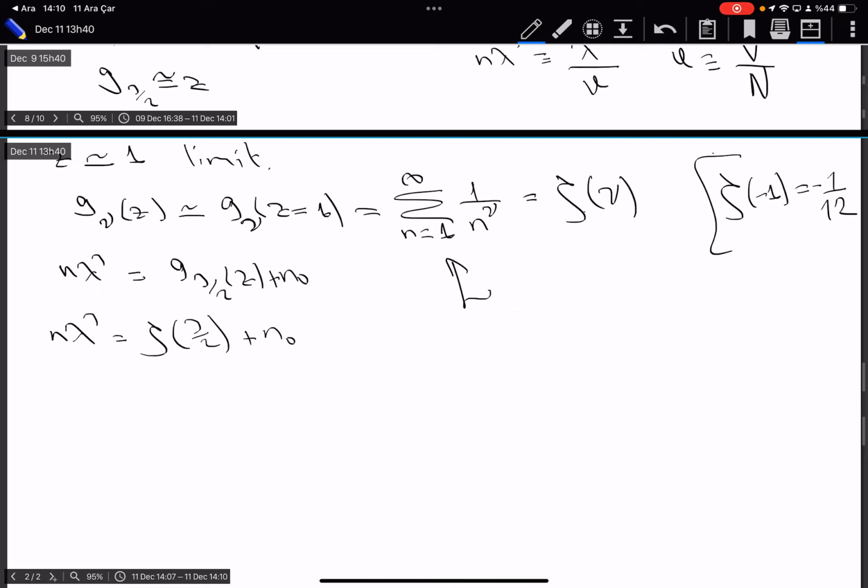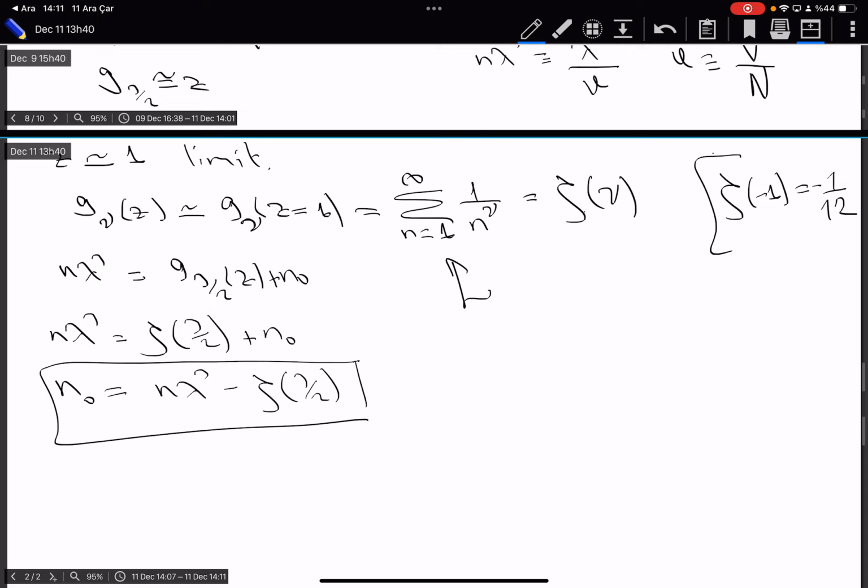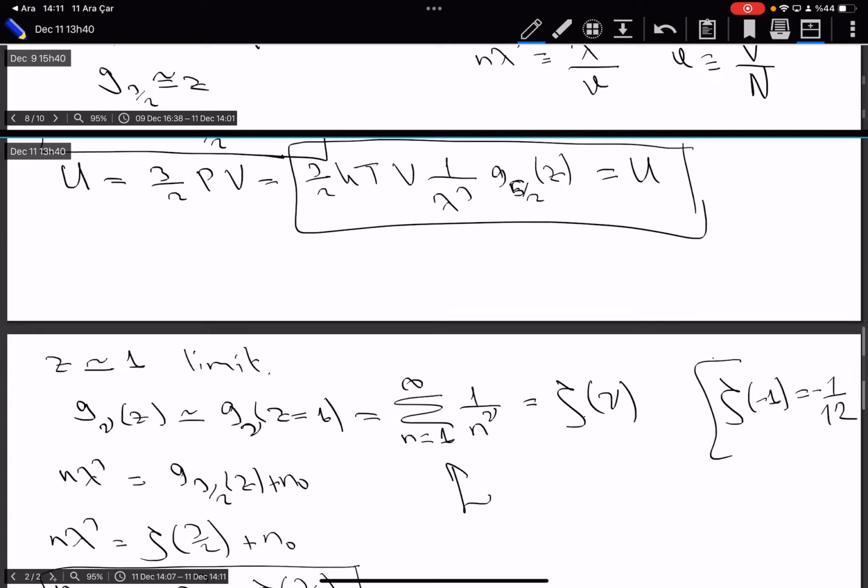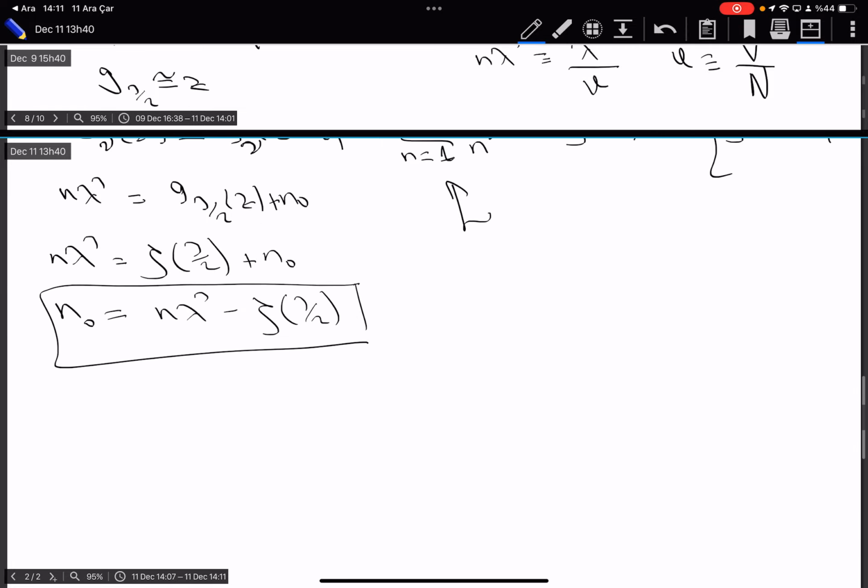Well, I know what n0 is, the number of particles in the ground state. In fact, since I know Z, I don't even need to solve this equation. What else do I have? Well, let's look at at what temperature does N0 appear?